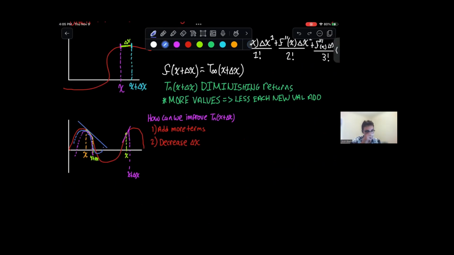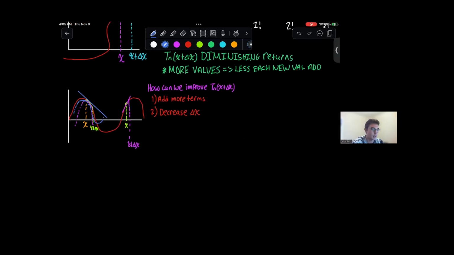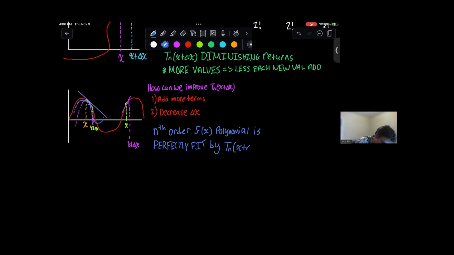And one more thing to add on to our Taylor series polynomial, before we dive a little bit deeper into it, is that an nth order f of x polynomial is perfectly fit by an nth order Taylor series.